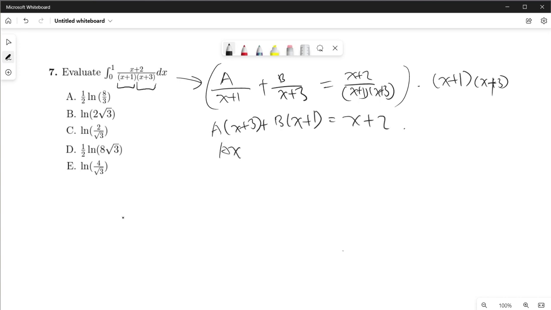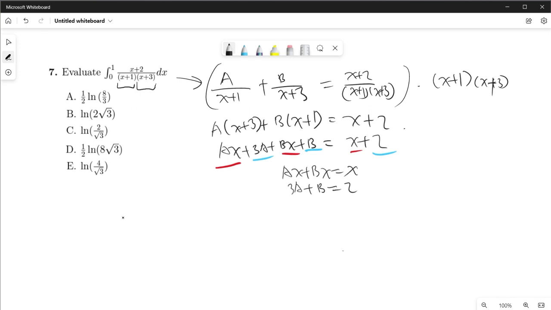Right, so just distributing, bx plus b will equal x plus 2, right? And then I take the x powers together and then the constants together, right? And then I'll have ax plus bx equal to x, and then 3a plus b equal to 2, right?